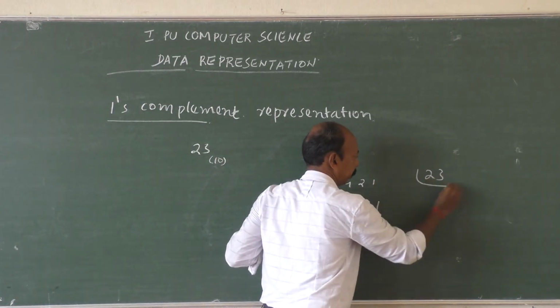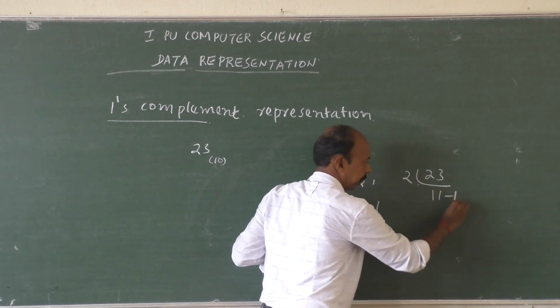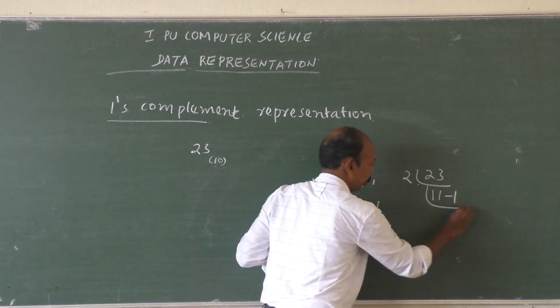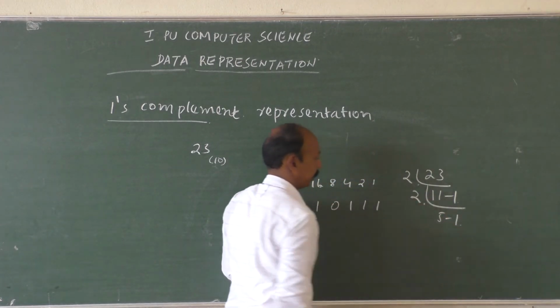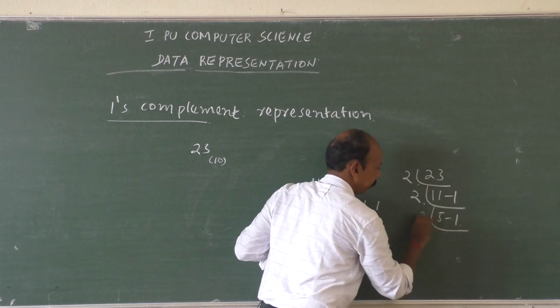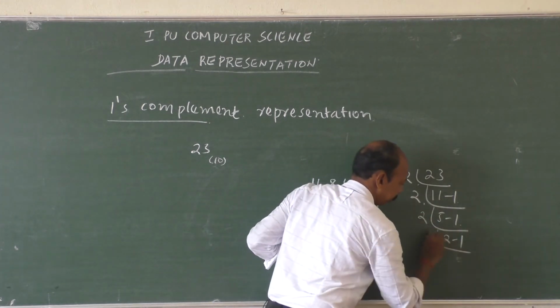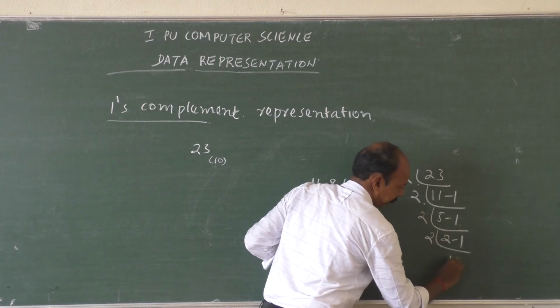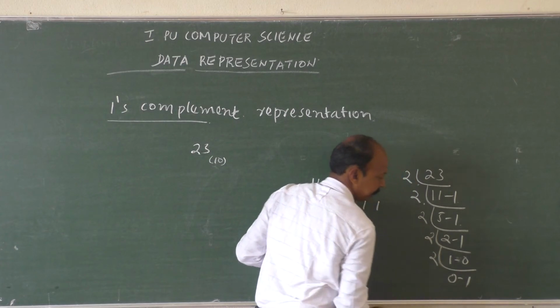23 divided by 2 is 11, remainder 1. Again divide by 2: it is 5 and 1. Again divide by 2: it is 2 and 1. Again divide by 2: it is 1 and 0. Again divide by 2: it is 0 and 1.